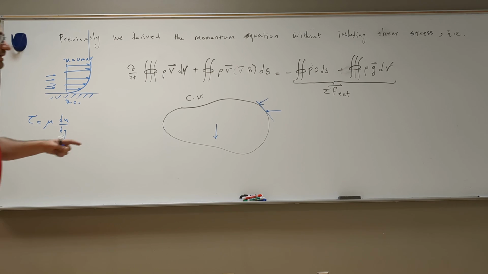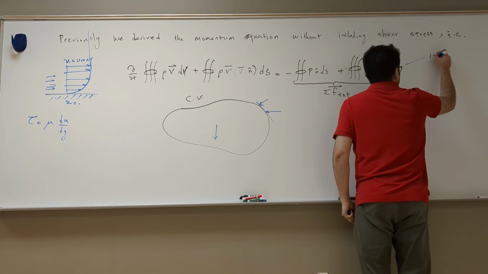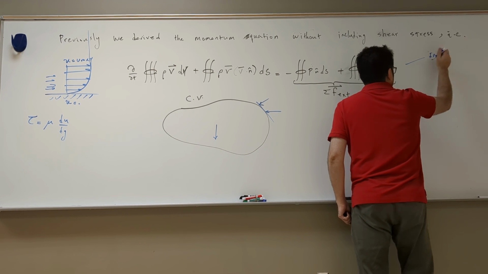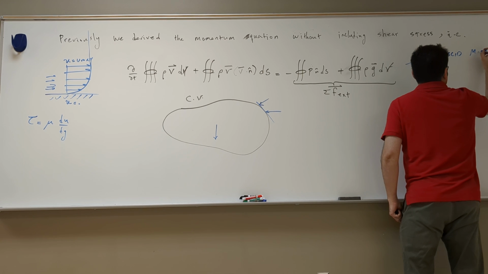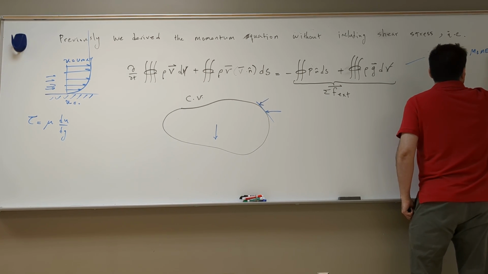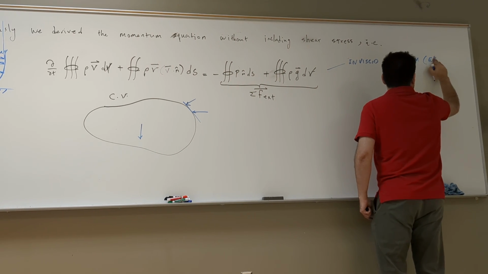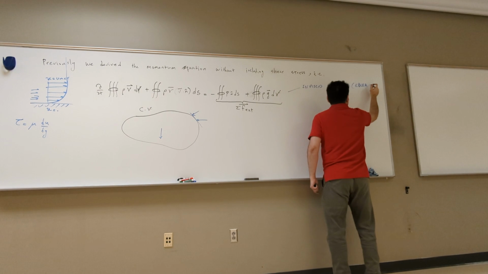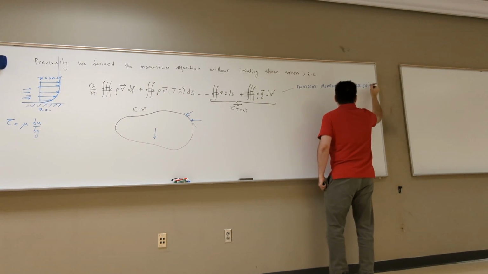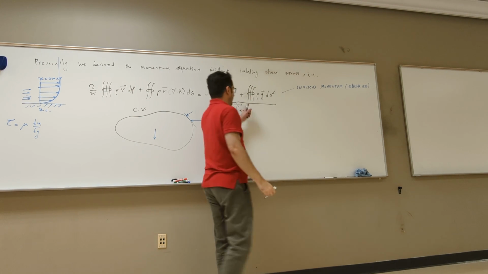This is inviscid. So this was called inviscid, the Euler equation. Now today we want to find the viscous form of this.